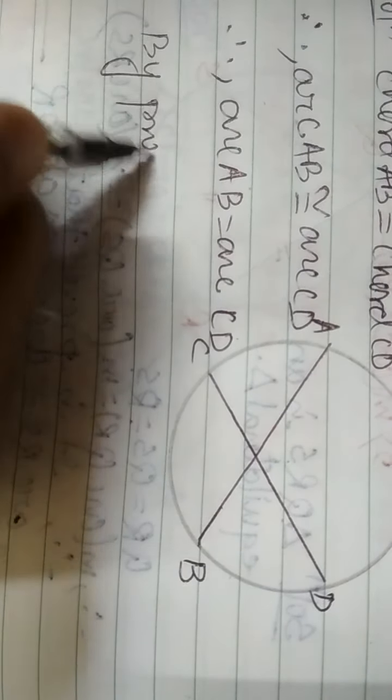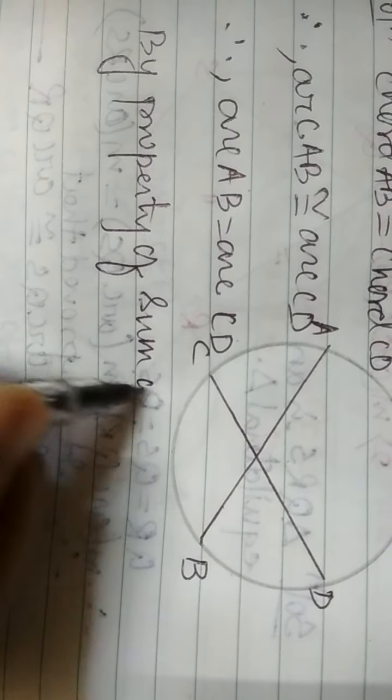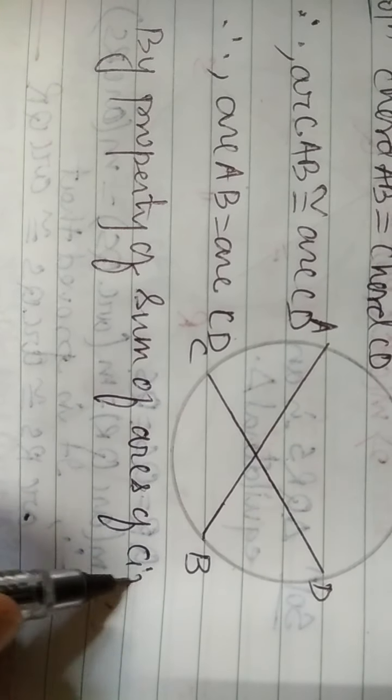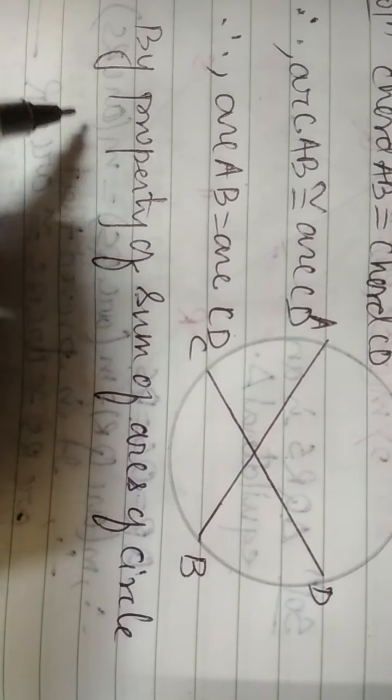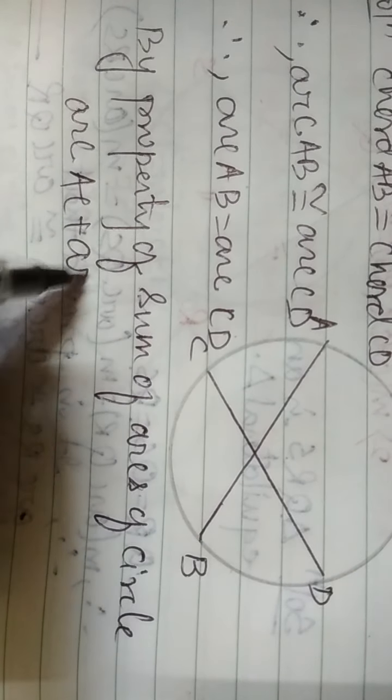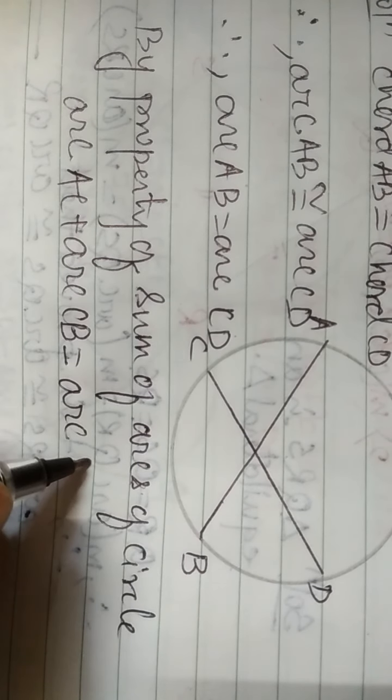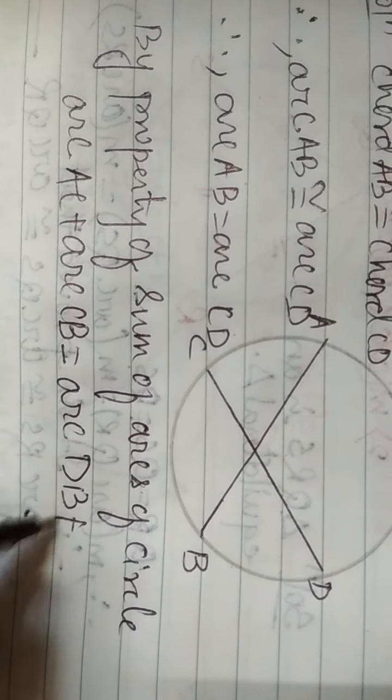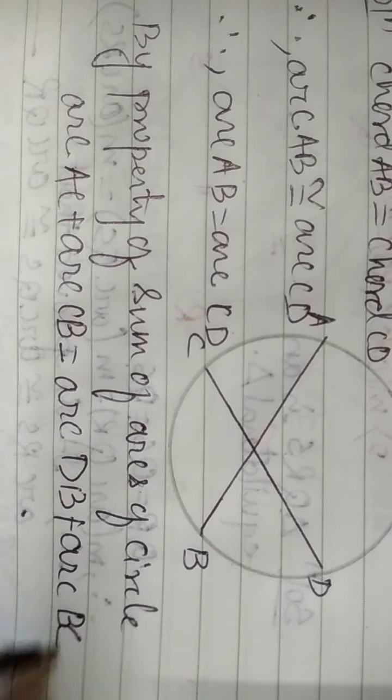By the property of sum of arcs of a circle, we can add the arcs: arc AC plus arc CB equals arc DB plus arc BC.